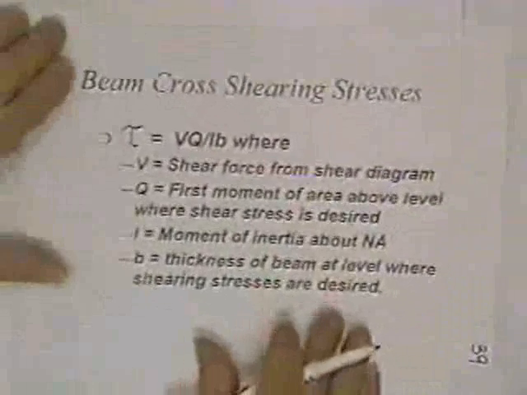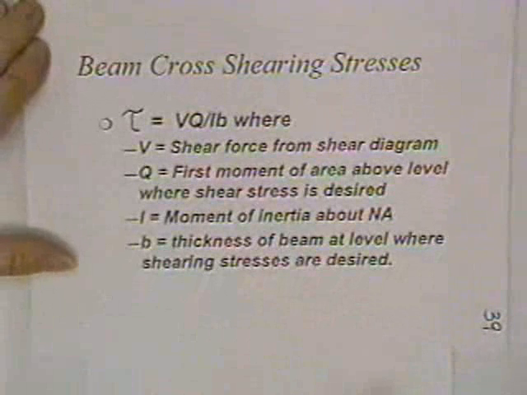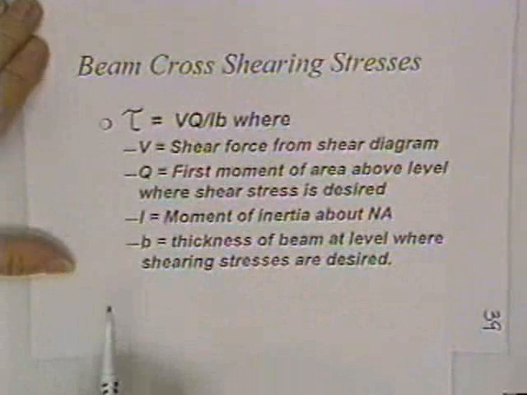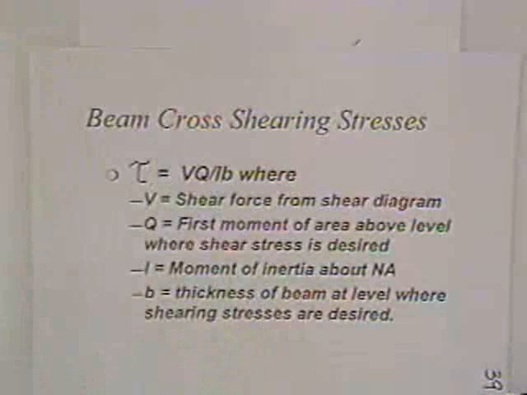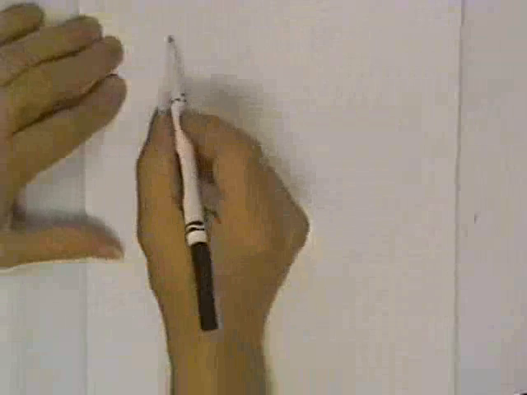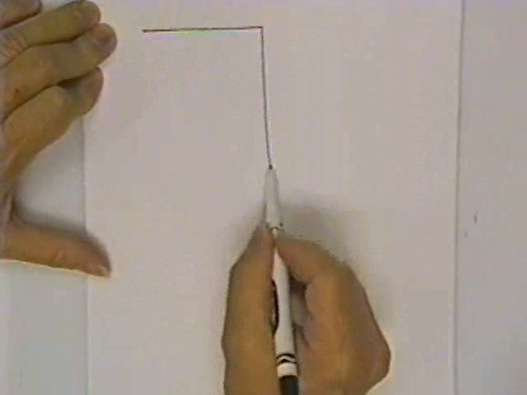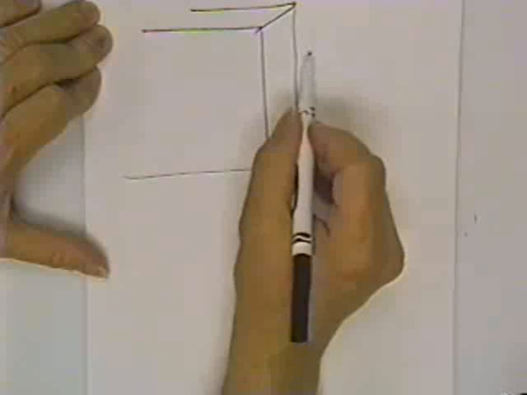Alright, now every beam has not only bending stresses in it, but it also has cross-shearing stresses in it. And those stresses come from the following. Let's just say it's a rectangular beam.